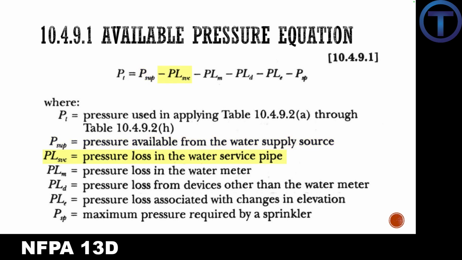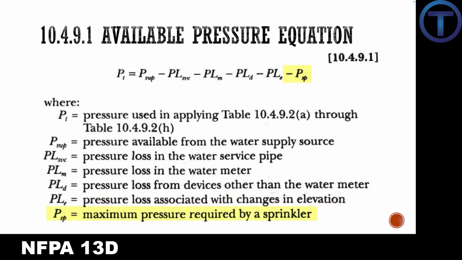Then we have PL sv, which is the pressure loss in the water service pipe. Then we have PL which is the pressure loss in the meter. Then we have PL which is the pressure loss in devices other than the meters, softeners or PRVs or whatever. And then we have PL which is pressure loss associated with the elevation.